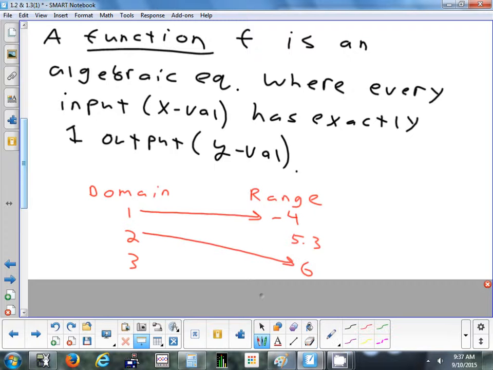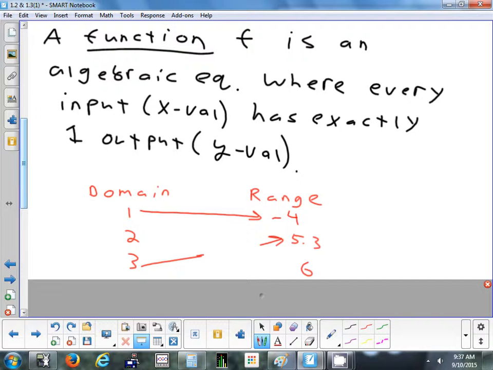Here's an example of a function. Basically, if I plug in something, I know exactly what I'm going to get, and I get only one thing. If I plug 1 in for x, this diagram is telling me I'd get -4 for y. If I plug in 2 for x, I would get 6 for y. That's an example of a function.